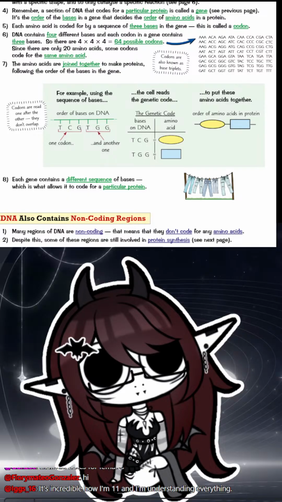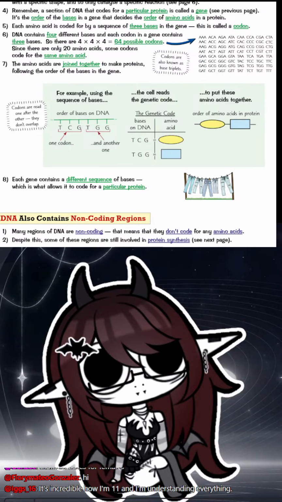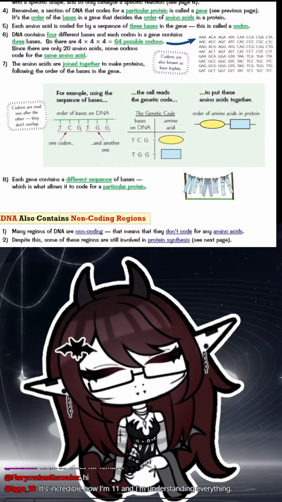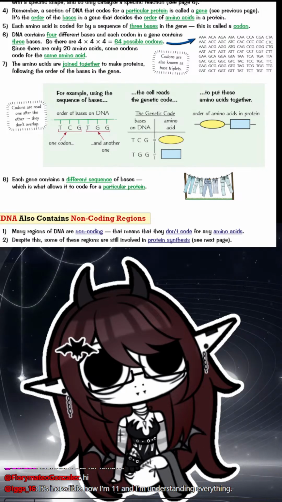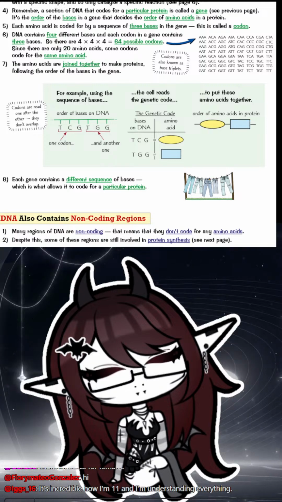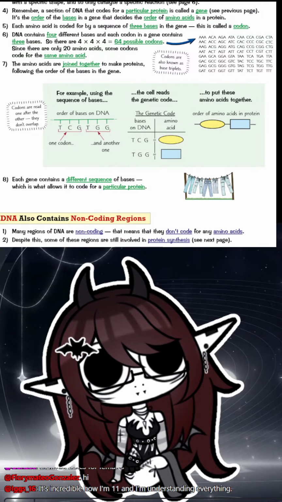Since there are only 20 amino acids, some codons code for the same amino acid. The amino acids are joined together to make proteins, following the order of the bases in the gene. Codons are read one after the other. They don't overlap.